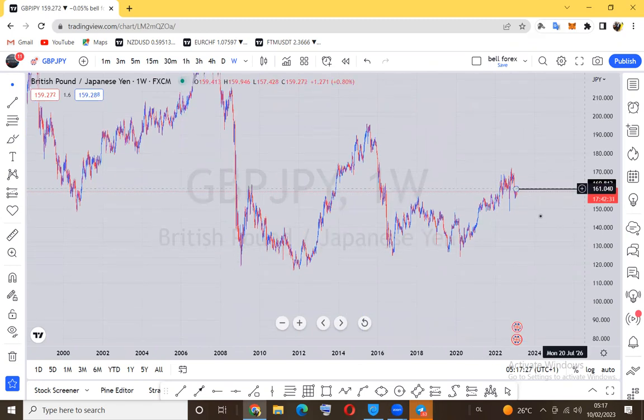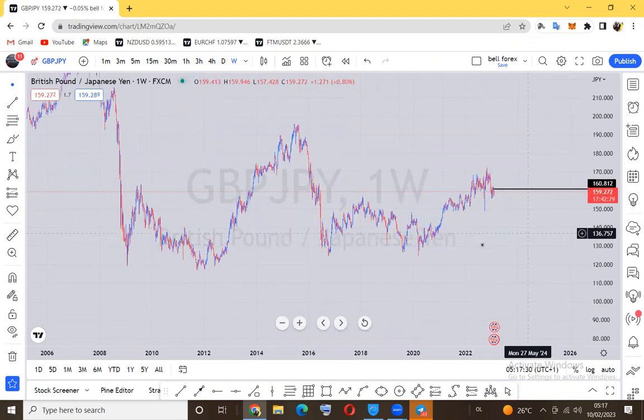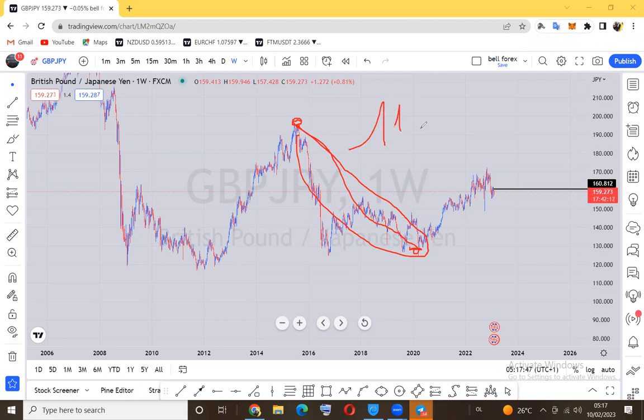And if I want to identify the last biggest previous wave, then the last biggest previous wave was this particular wave that started here to here. That's the point one. What I want, first of all, I want everybody to understand. And this can easily be seen on the 1 week chart.